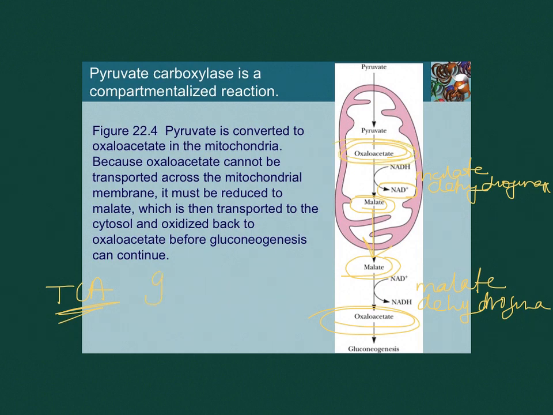In gluconeogenesis, we are using malate to get oxaloacetate out. So that's the difference.